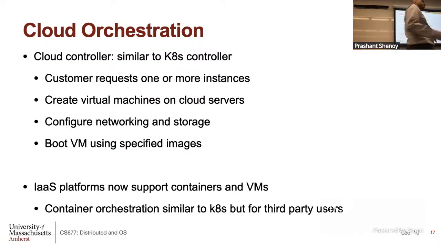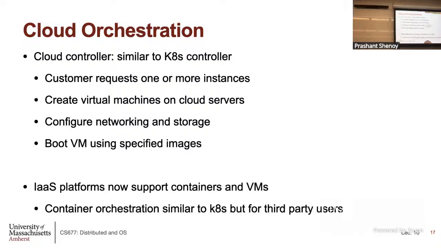As you might have realized, all of these cloud platforms have some sort of a control node. When a user goes and says, give me a small server, small virtual machine, some piece of software that's running in the cloud has to figure out which of the physical servers has enough capacity so you can create a virtual machine and allocate it to that customer that just asked for a new virtual machine.